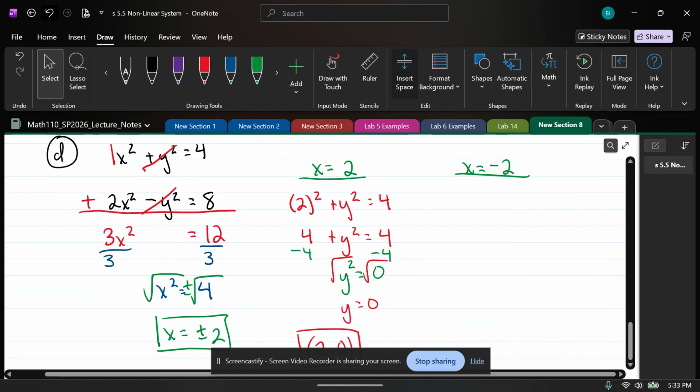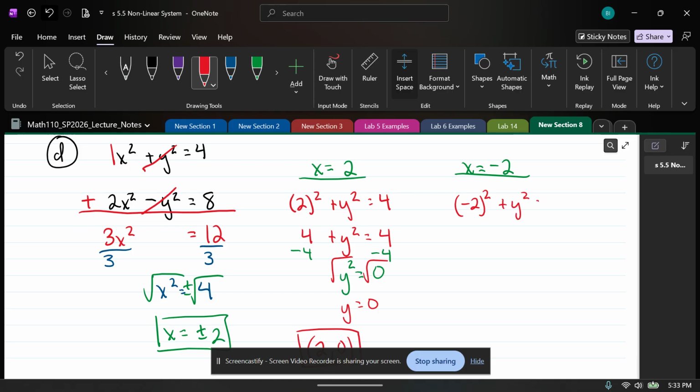I'm going to do the same thing, but with a negative 2. When I square negative 2, what do I get? What's negative 2 times negative 2? Positive 4. And hey, this is going to work out very similar. Y squared is equal to 0.